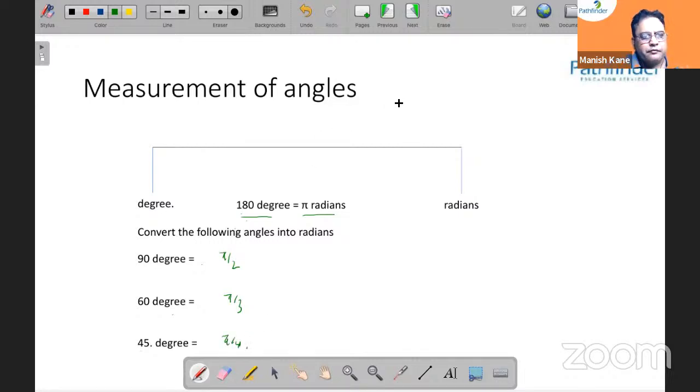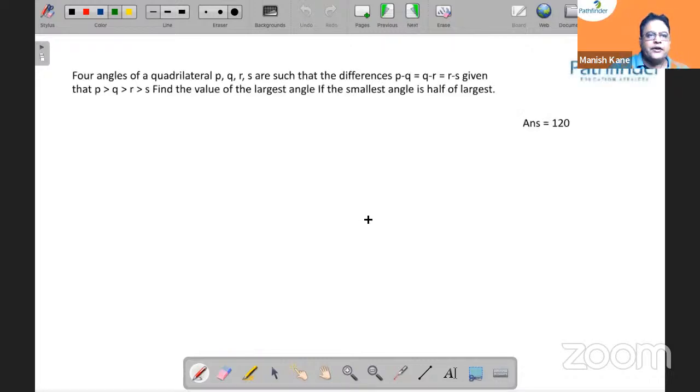See, 180 degree is pi radians. So 90 will be 90 by 180 into pi, so pi by 2. That is how you convert degrees into radians. Since radians is one of the SI units, you should know how to convert from degrees to radians, because this is very common in trigonometry.